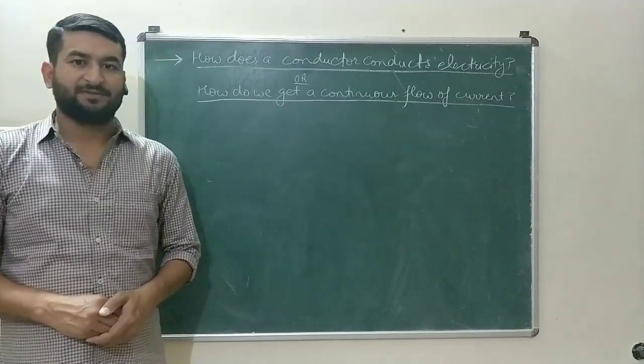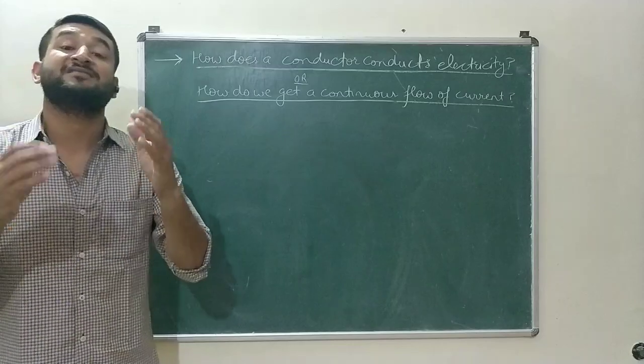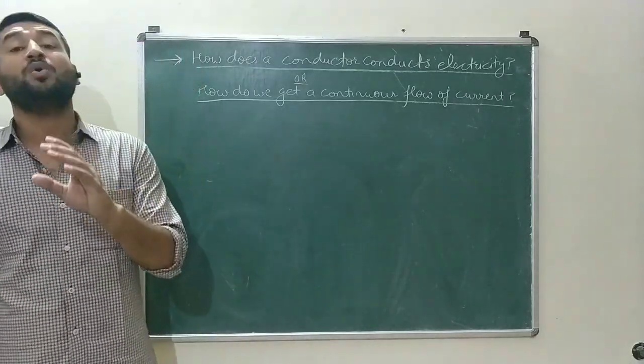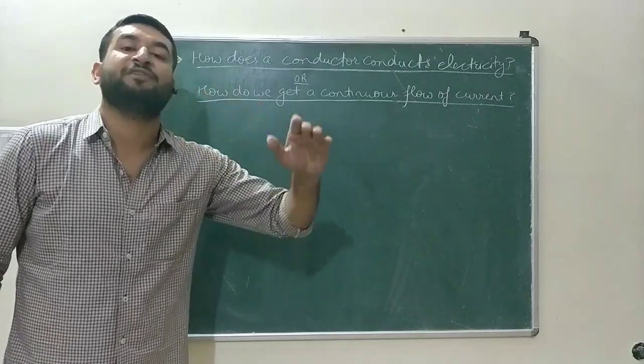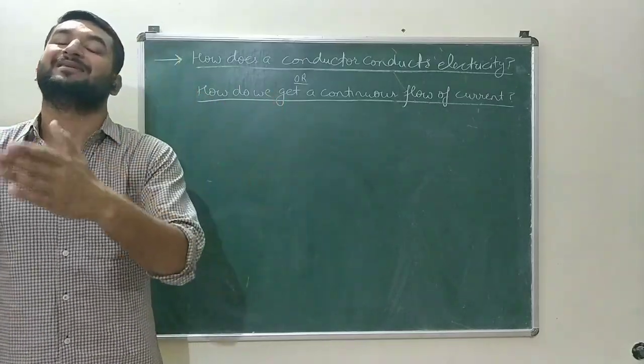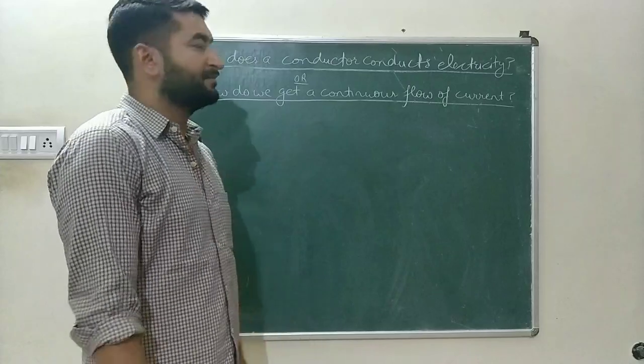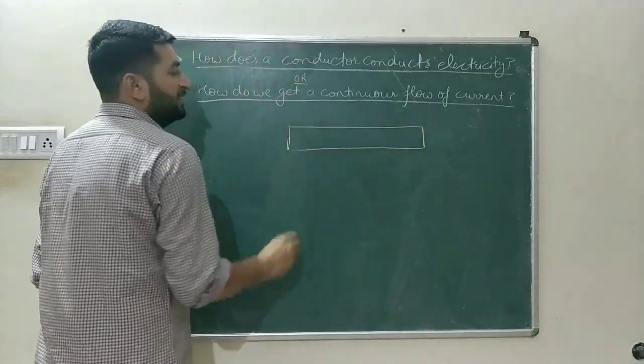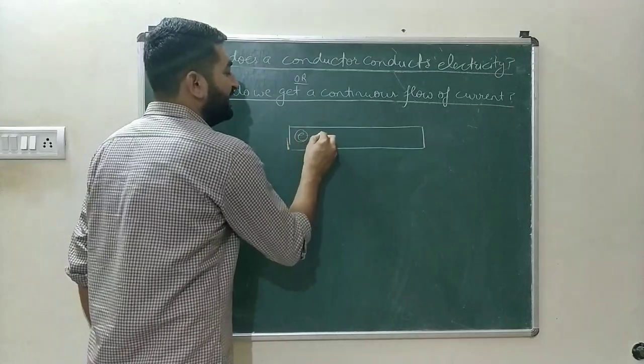Next we will discuss how a conductor conducts electricity, or how a continuous flow of electric current is maintained in a conductor. बच्चों, a conductor is a substance which has certain free electrons.